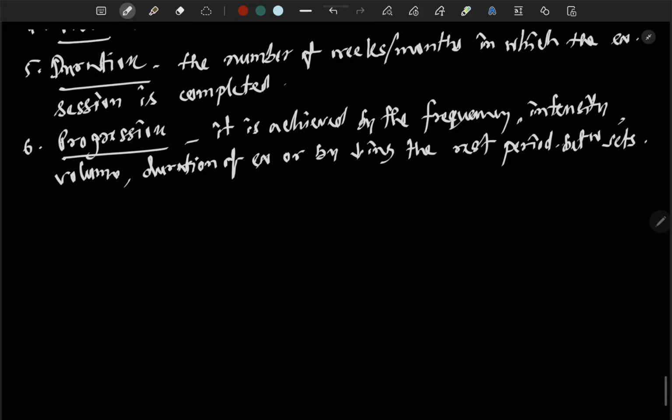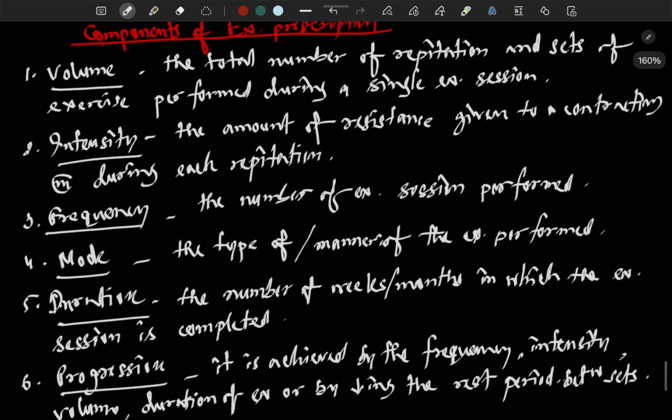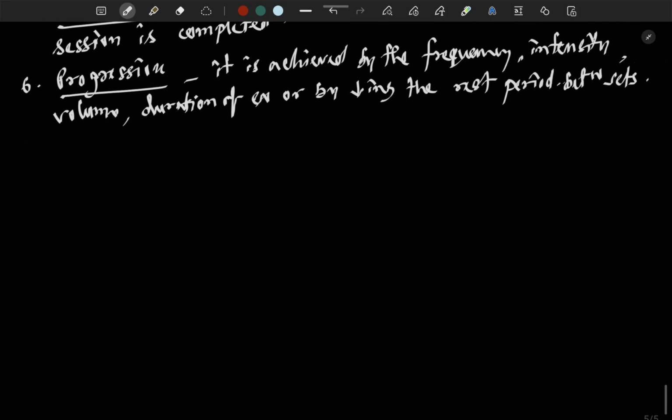So these are the components of exercise. Next we'll go to the principles of PRE.